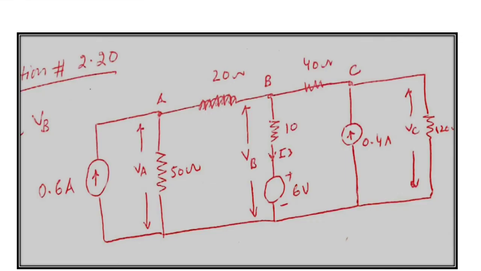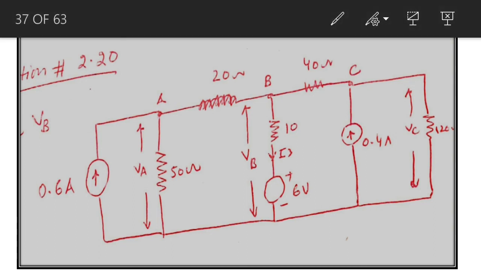Where is the circuit diagram? Here is the circuit diagram. And where is the third node? Here is the third node. And you see this resistor of 40 ohm and this resistor of 120 ohm have been connected to the third node. So G33 will be equal to 1 over 40 plus 1 over 120.